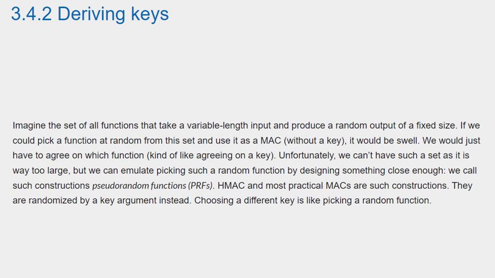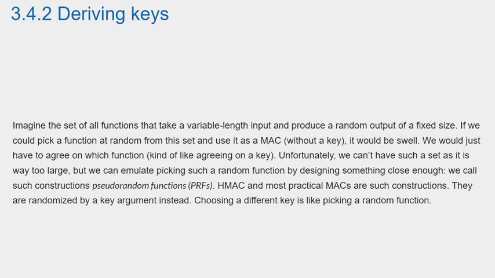Imagine the set of all functions that take a variable length input and produce a random output of a fixed size. If we could pick a function at random from this set and use it as a MAC without a key, it would be swell. We would just have to agree on which function, kind of like agreeing on a key. Unfortunately, we can't have such a set as it is way too large, but we can emulate picking such a random function by designing something close enough.